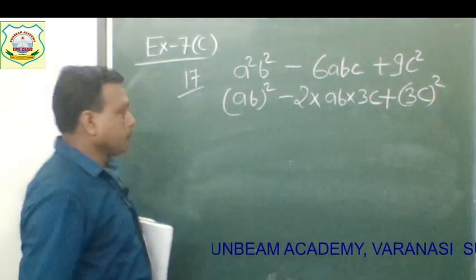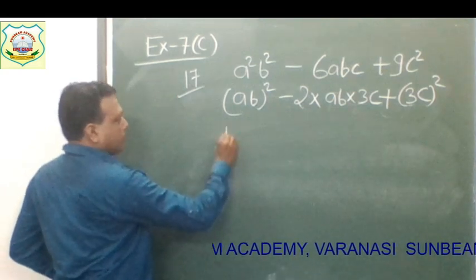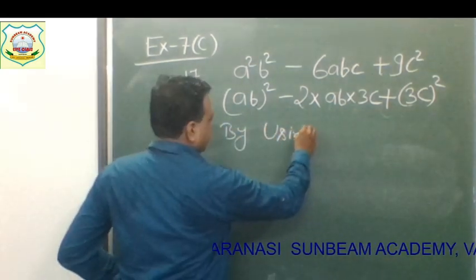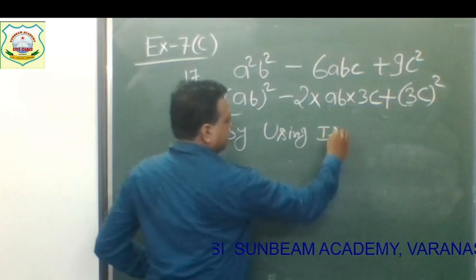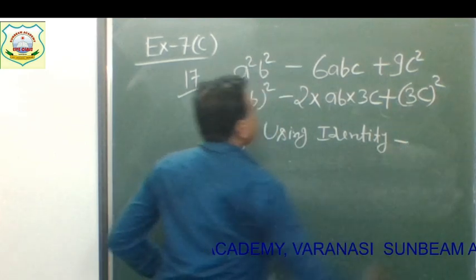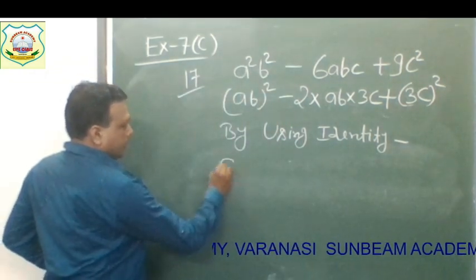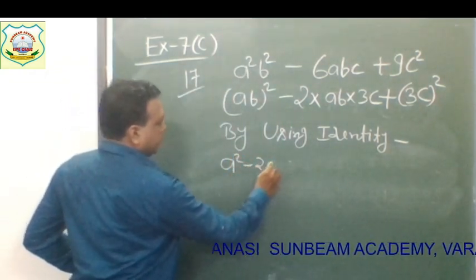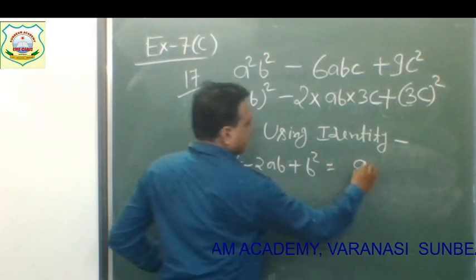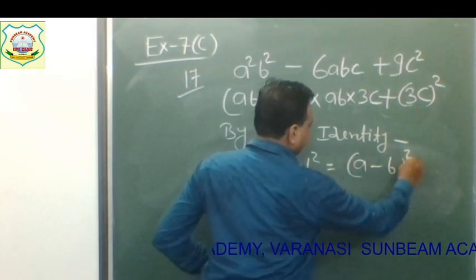Clear, students? Now save identities by using the identity a square minus 2ab plus b square, that is (a minus b) whole square.